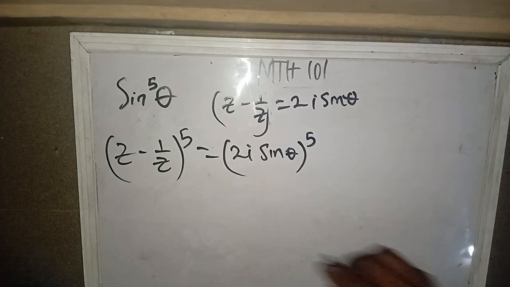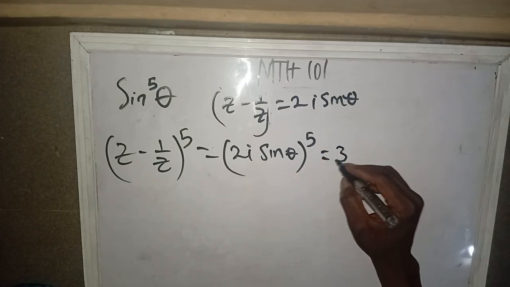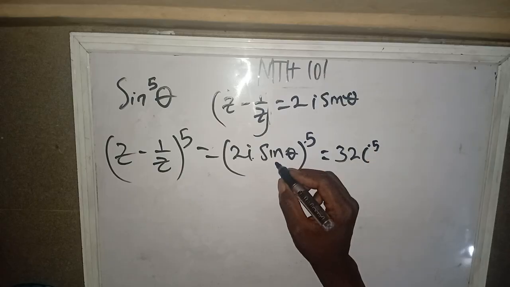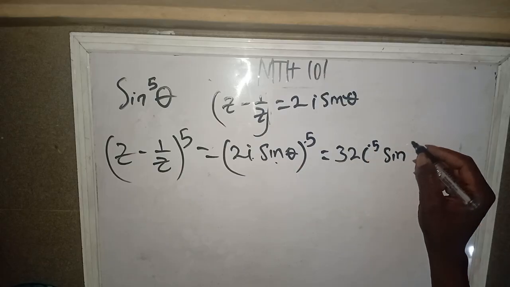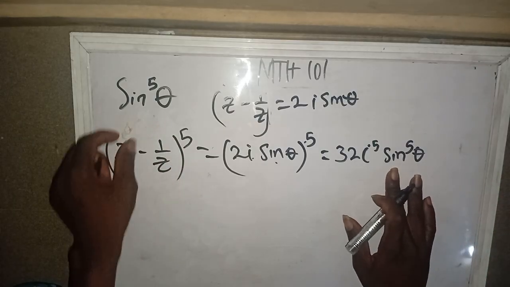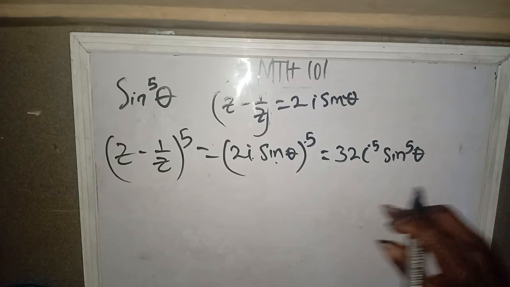Are we together? This one will give us 2 raised to power 5, which is 32, i raised to power 5, sin to the fifth theta. Do you see that? We can see our question is now inside, right? So whatever we get, we just make this the subject of the formula.